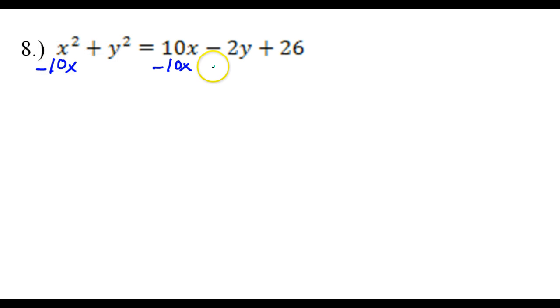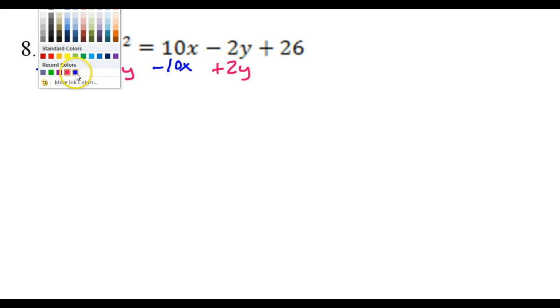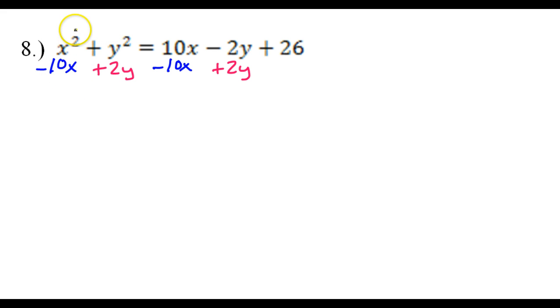And similarly, I'm going to add the 2y, so these will cancel out. So I'm going to add 2y over here as well. Okay, so this all cancels out. So as I start to recopy, I've got this pair of terms. So that's going to be x squared minus 10x. I'm just writing them next to each other.